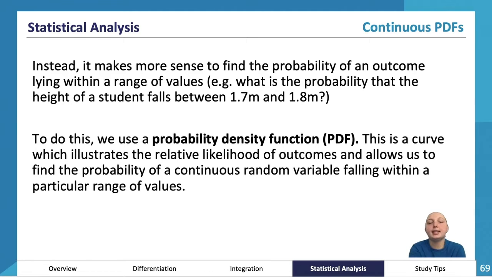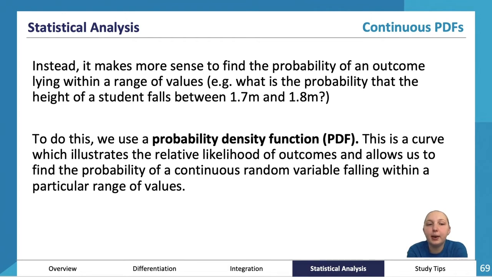So when we're looking at these, it makes more sense to find the probability of an outcome lying within a range of values. Rather than trying to find exactly 1.792347627, it makes more sense to think about the probability that a height of a student is between 1.7 and 1.8. To do this, you will use probability density functions. A lot of people hate these, but once you get your head around them, they're not too tricky.